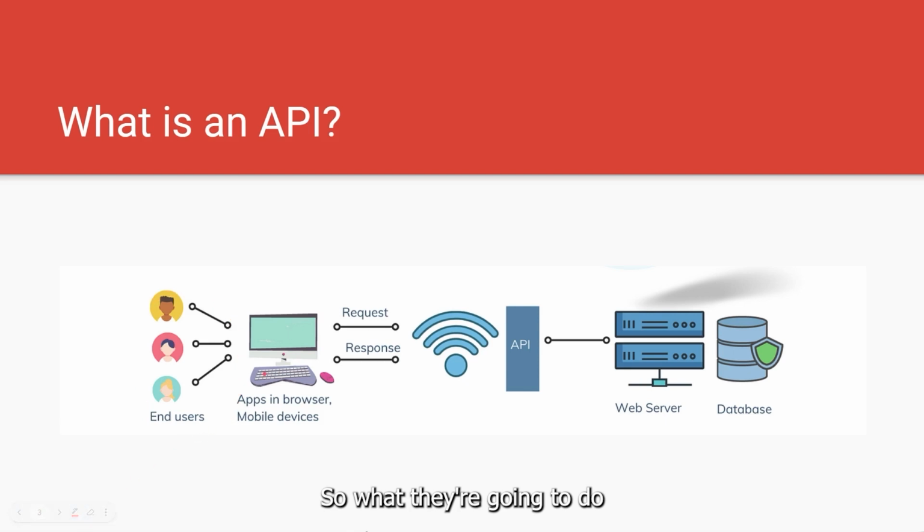So what we're going to do next is, after the end users make a certain request on their, let's say, their browser or their mobile device, what we're going to do is we're going to send a request from them all the way through to an API using probably a Wi-Fi network or a certain connection. So this will end up going to our web server, and it will process this request and see if it is a valid request. And if it is, it will interact with the database and see what it will do.